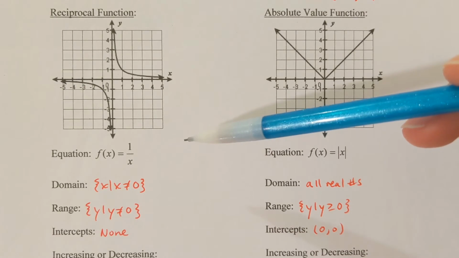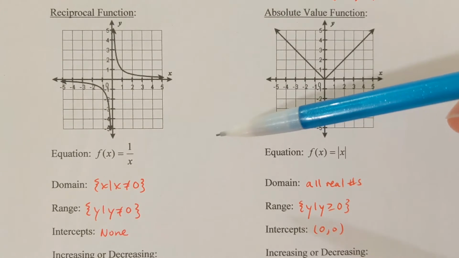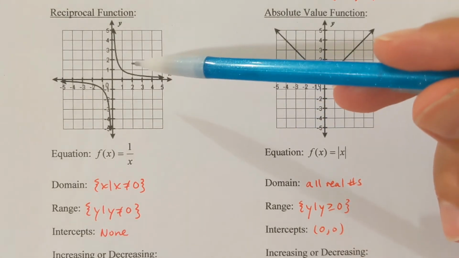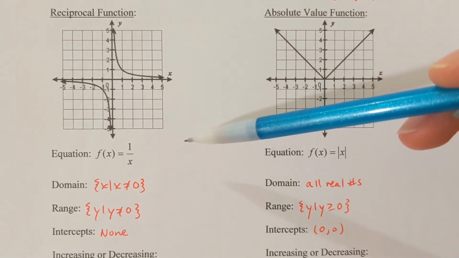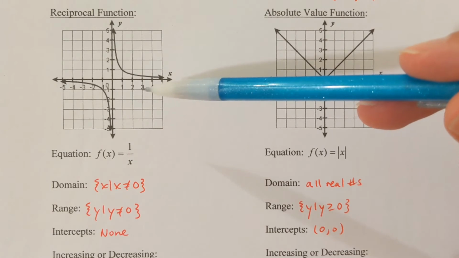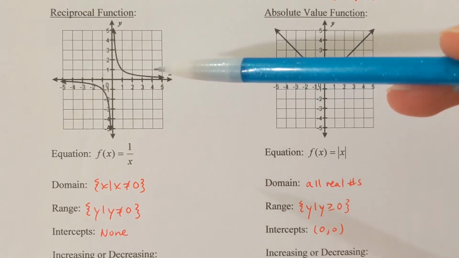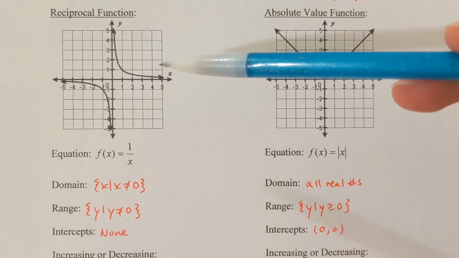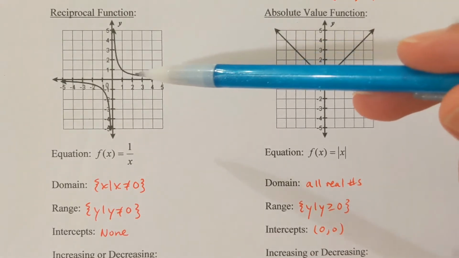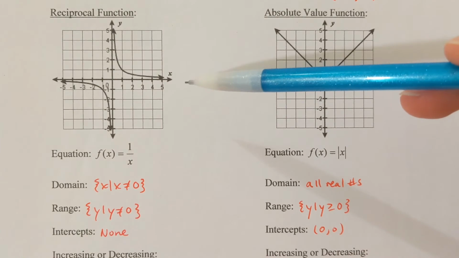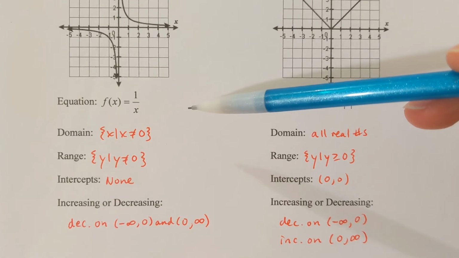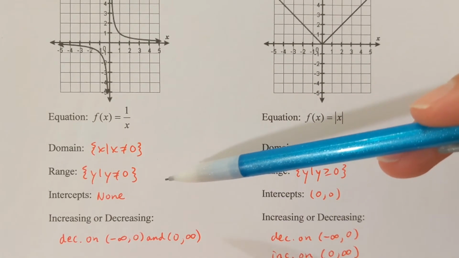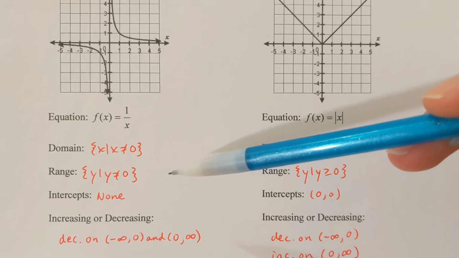So what that means to us is that we've got a vertical asymptote at x equals 0, a spot on the graph where no graph would touch, and y equals 0 would be a spot on the graph where no graph would touch. The intercepts are none, so at no point will the graph cross or touch the coordinate axes.